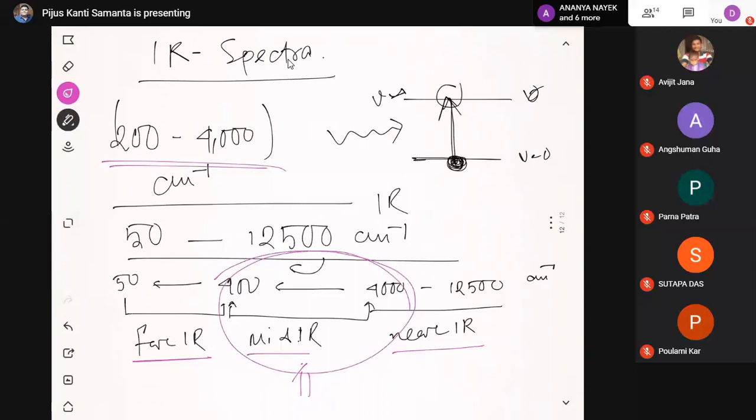If we study below 400, in the far infrared, we have to use some special attachment to the device, and that is very rare. Only a few samples actually exhibit this. So these are basically the regions of the infrared spectrum.